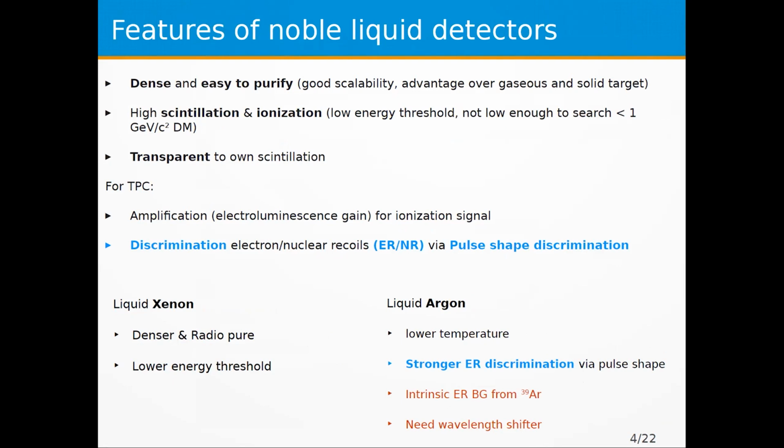On the argon side, it operates at a lower temperature, and removing, for instance, radon is easier. They offer this stronger electron recoil discrimination via pulse shape technique. But still, they have this intrinsic electronic recoil background that comes from argon-39, and they need a wavelength shifter to properly operate.